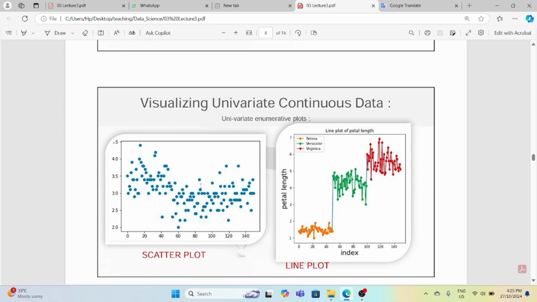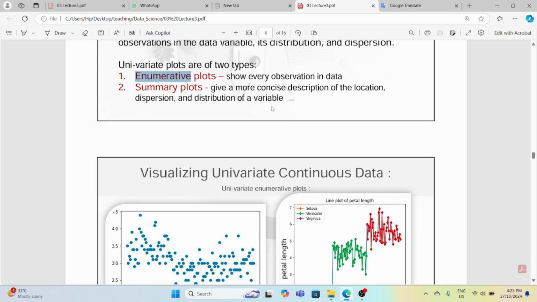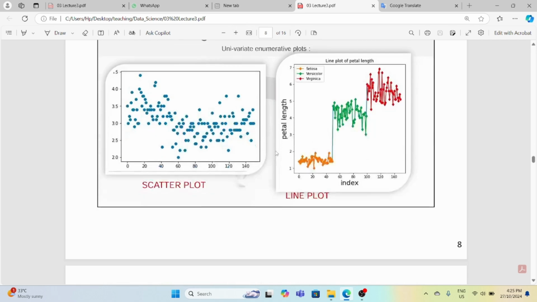So you can see the example of a scatter plot and the line plot. Okay, these are the examples of enumerative data plots, which show every observation in the data.